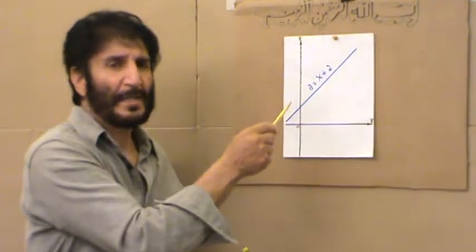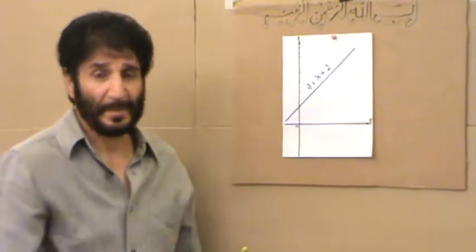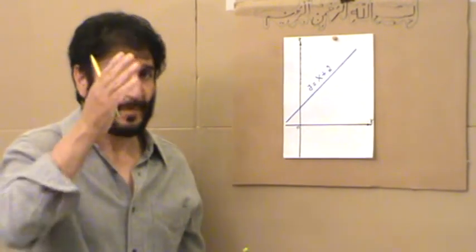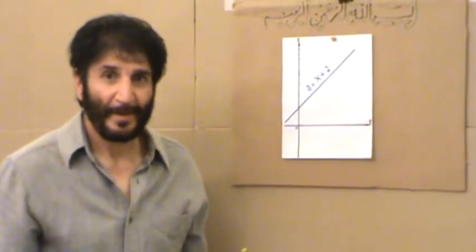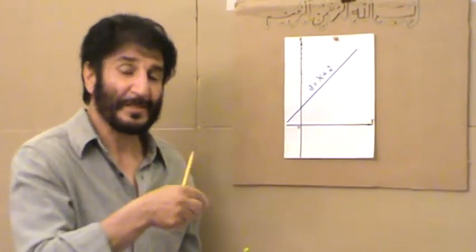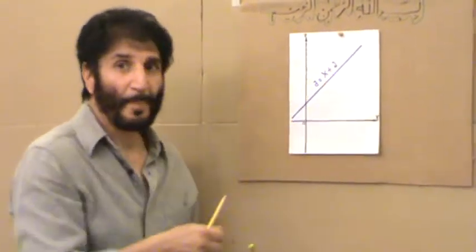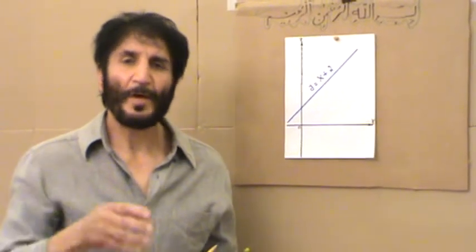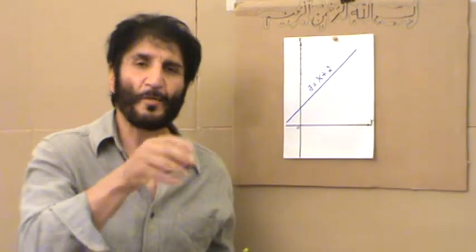Now the graph of y equals x plus 2. Again, the y-intercept is 2, so I start from 2. That is one of my points. Y-intercept is a point. Every line, except vertical line, hits the y-axis somewhere. So we take advantage of this property and we come up with this formula. And again, the question that we should ask, as I already asked you, why not, they call it rise over run, why not run over rise?